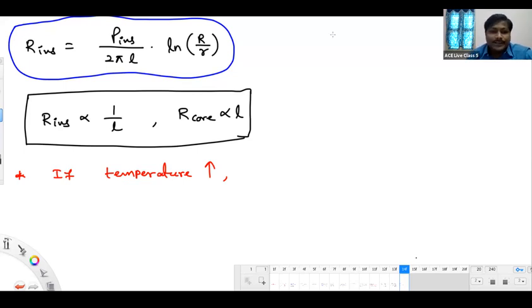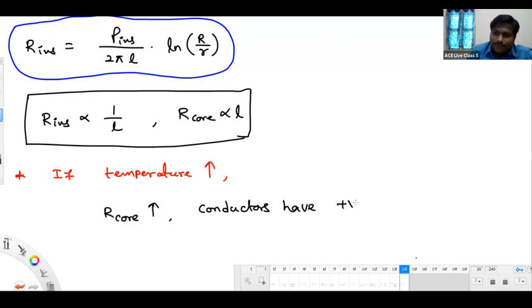Core resistance will increase, because conductors have a positive temperature coefficient of resistance.